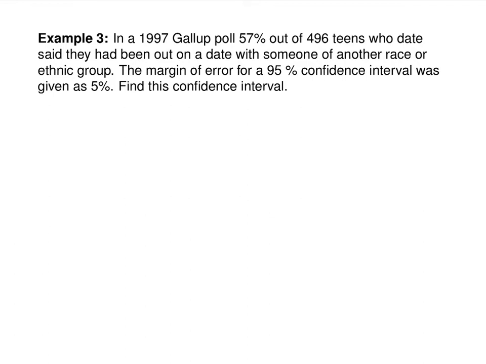The confidence interval is given by the proportion plus or minus your margin of error, and that is 57% plus or minus 5%, or 52% to 62%.